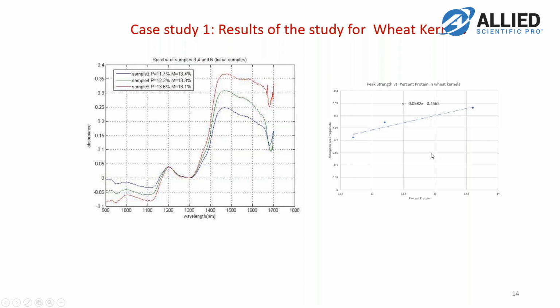This way one can look at an unknown sample and find out the protein content by using this formula. Once you have your absorption peak, you have the y value, you could find the x by using this line formula and find the percent protein.